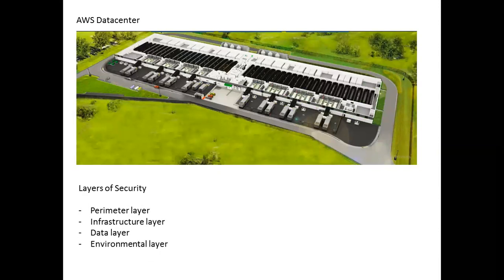We have the perimeter layer: the periphery, the security guards, the sensors, intrusion detection technologies. And we have the infrastructure layer: the servers, backup power equipment. And we have the data layer, where the customer data actually resides in the server.